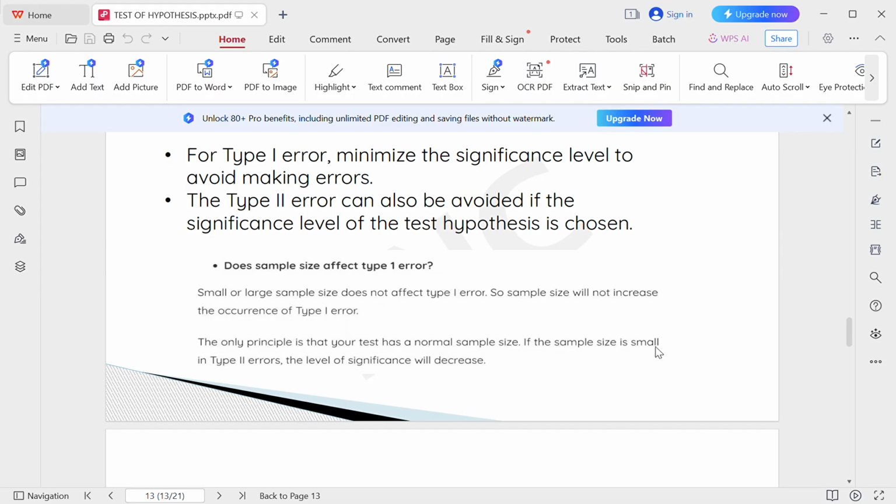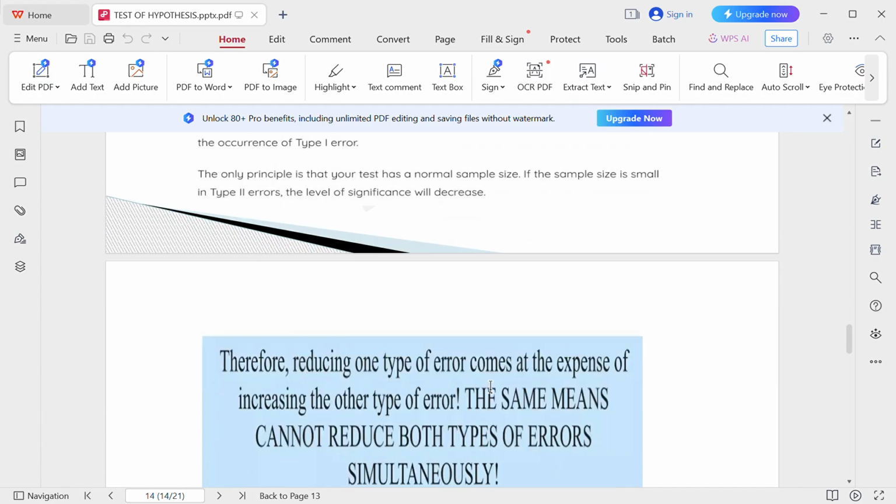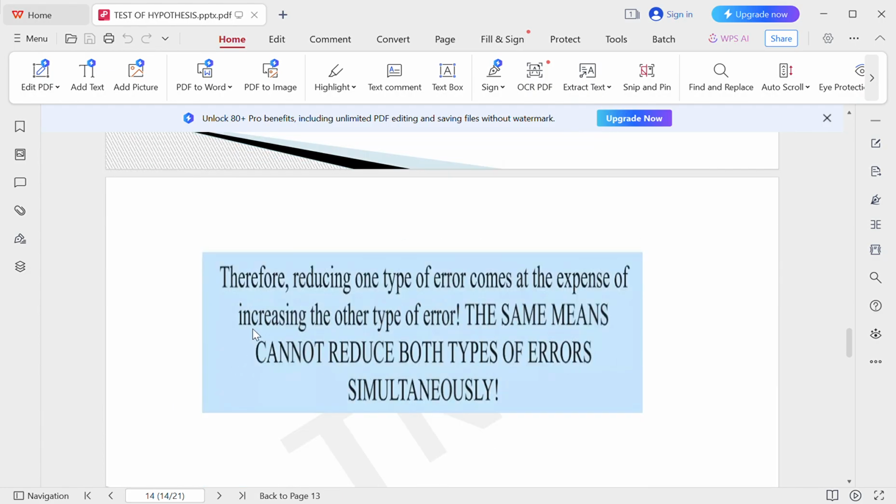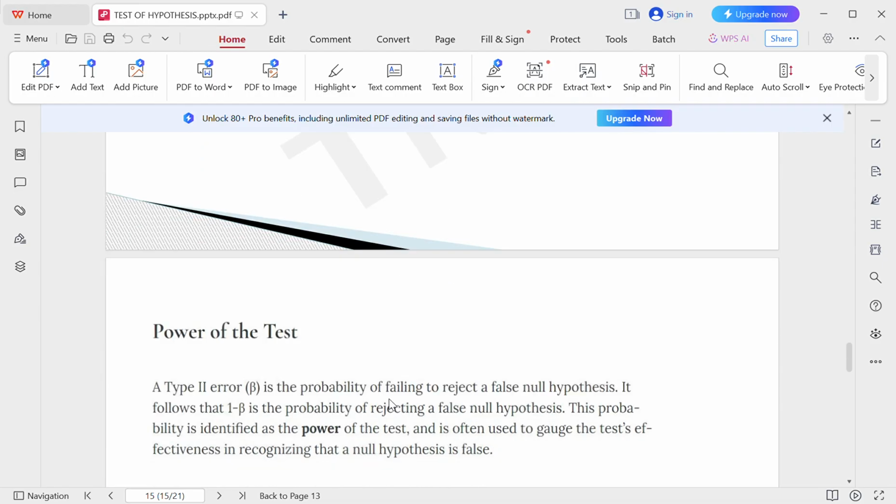If the sample size is small, type 2 error will increase. Therefore, reducing type 1 error comes at the expense of increasing type 2 error. The same means we cannot reduce both type 1 and type 2 errors simultaneously.